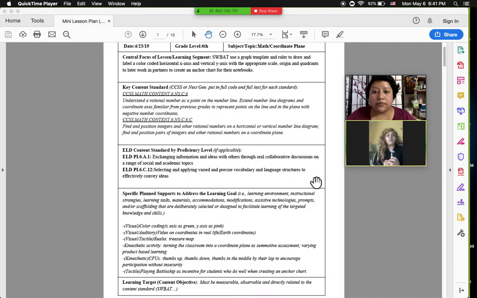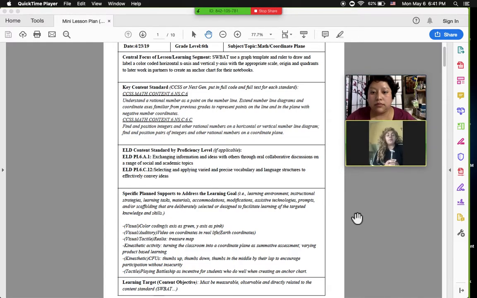Right. So moving on, our key content standard is CCSS Math Content 6.NS.C.6, which is: understand a rational number as a point on the number line. Extend number line diagrams and coordinate axes familiar from previous grades to represent points on the number line and in the plane with negative number coordinates.